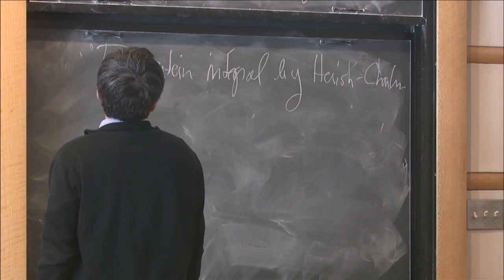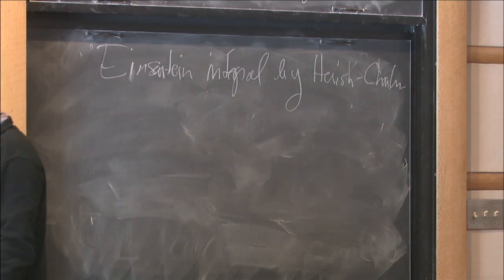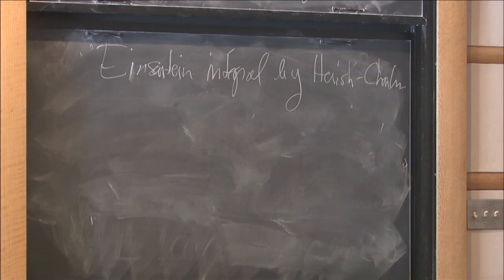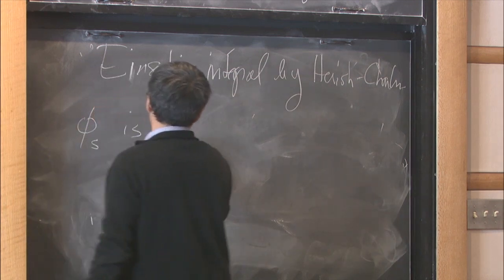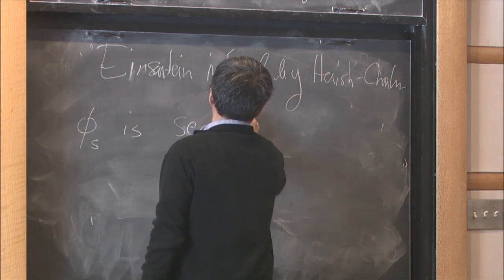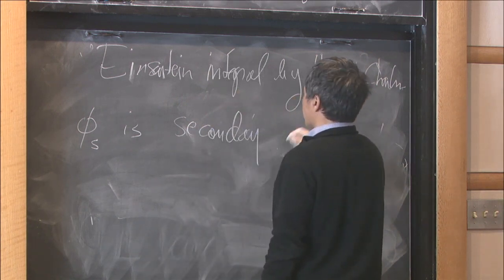But the Eisenstein integral has a property that it is nice at E, but actually increases at the boundary, like a polynomial increase. What I want is exactly the opposite. I want exponential decay at the boundary, but a singularity at infinity. So in this way you can think of phi_s as a secondary Eisenstein integral.